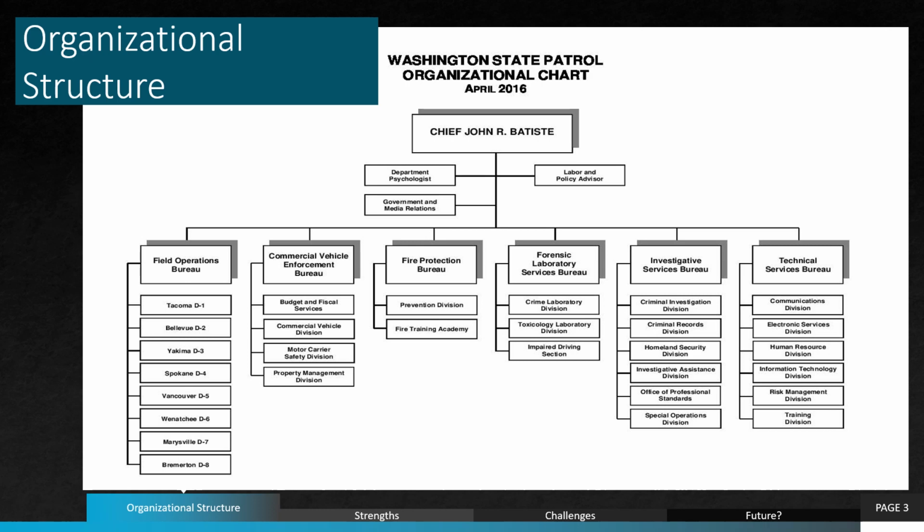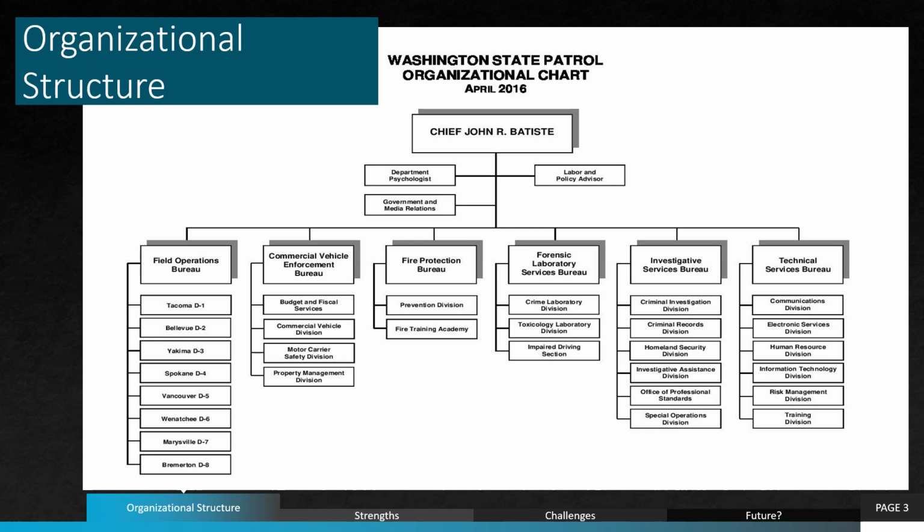The Fire Protection Bureau, they certify and inspect the fire systems in nursing homes, retirement homes, hospitals, as well as the Fire Training Academy, which is responsible for providing an academy for all firefighters in the state of Washington.